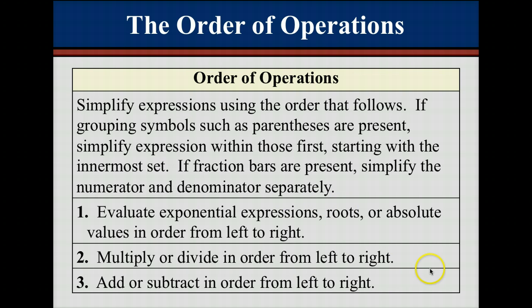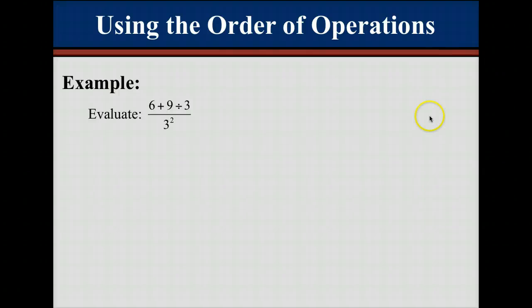Just some quick notes to add to your notes section for lesson 1-3, order of operations. So if you'd like to pause the video and go back and make these notations, this will help you remember the order to do order of operations. So for example, using order of operations, we know that we need to do our exponents first, so 3 squared.